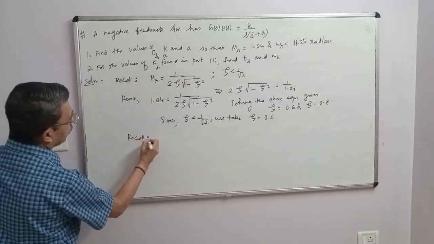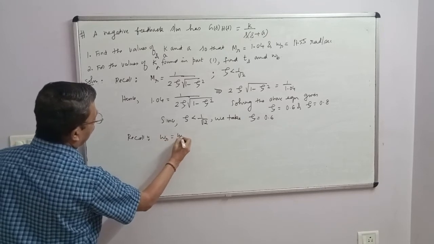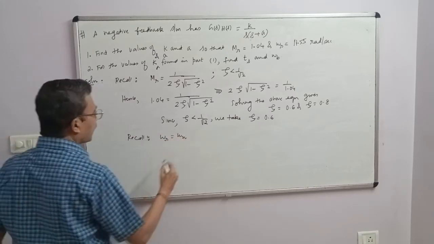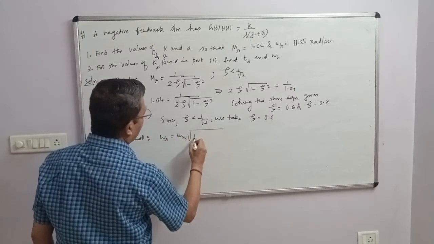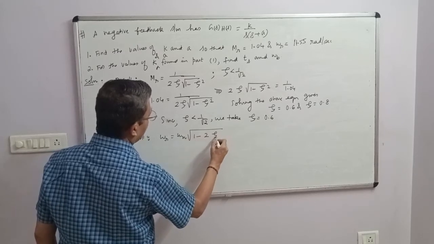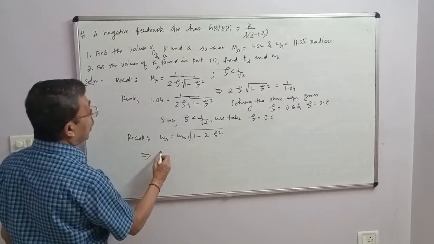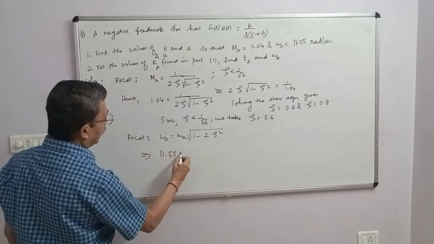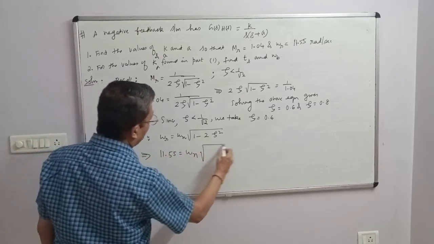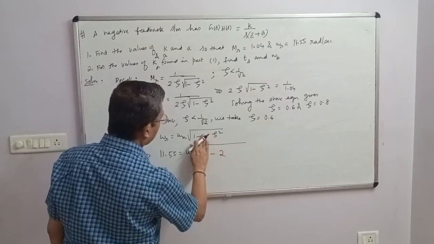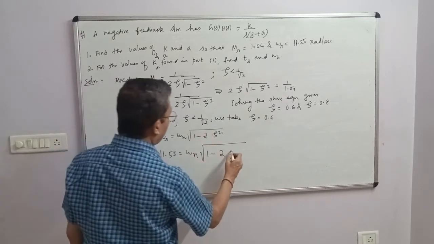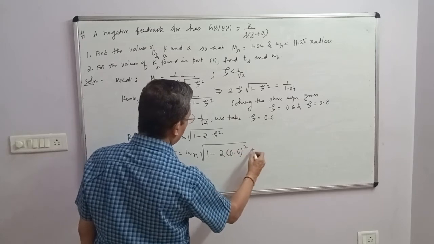Recall, omega r is equal to omega n into square root of 1 minus 2 times zeta square. This implies 11.55 is equal to omega n into square root of 1 minus 2 zeta square, zeta is 0.6, whole square.